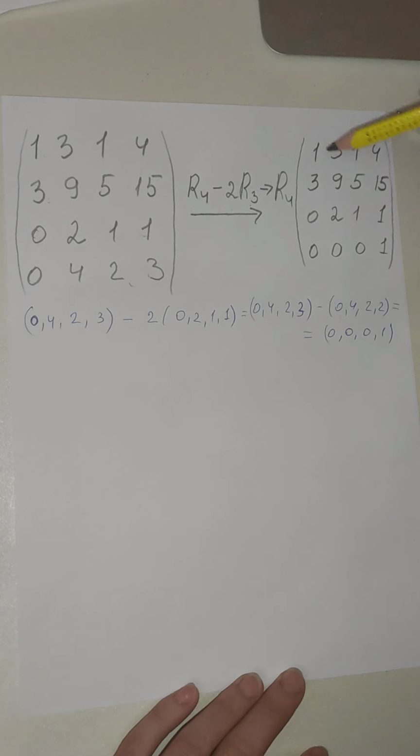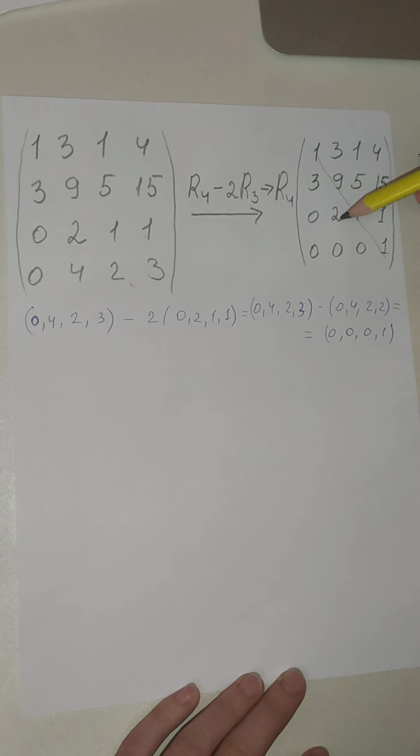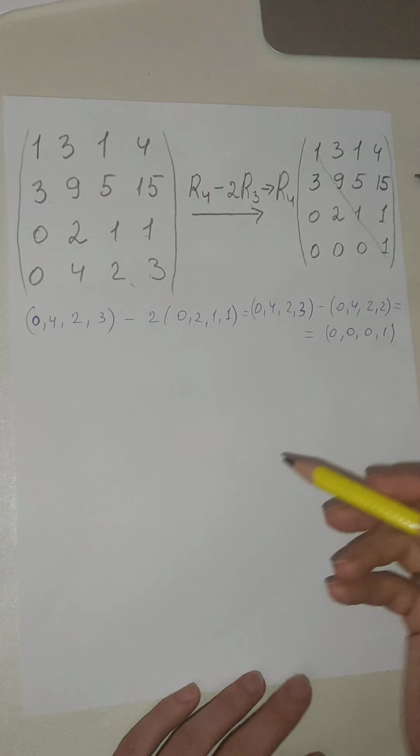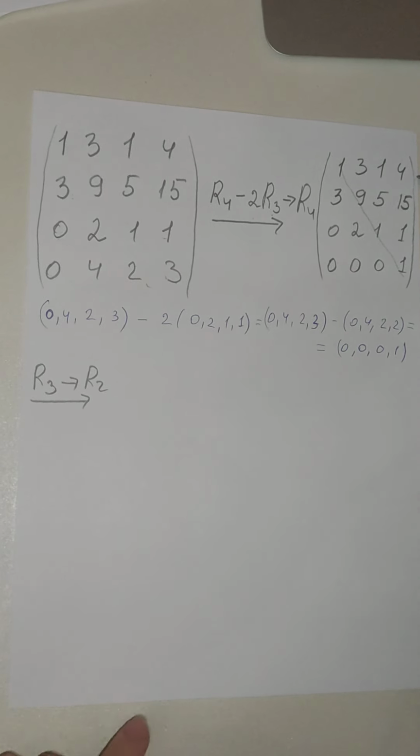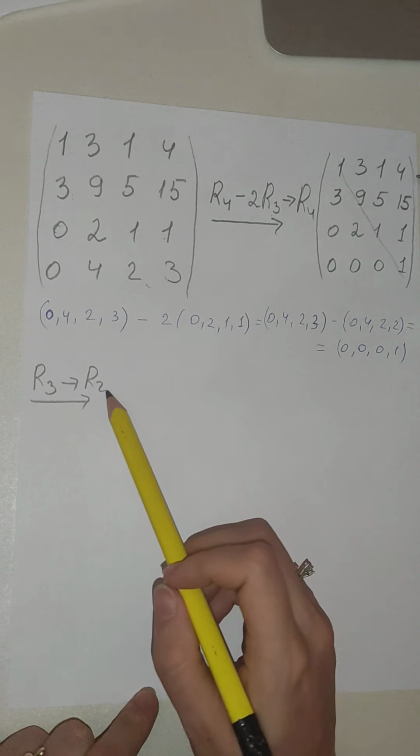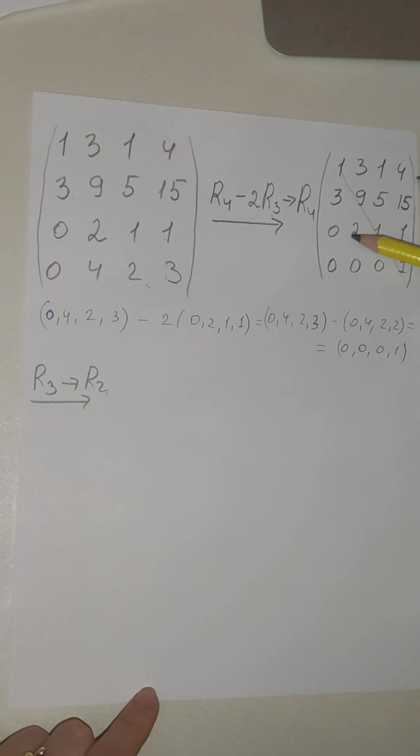And these are the diagonal elements. Again, 2 of these diagonal elements are not 0, so we should continue the operation. Again, what should we do now? Let's interchange row 3 and row 2. Row 3 is this and row 2 is this.